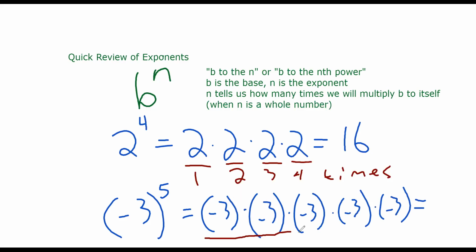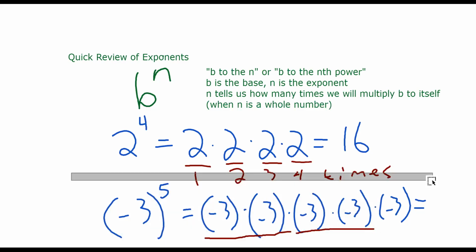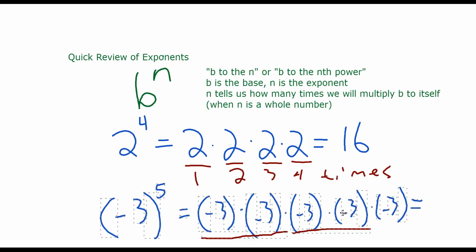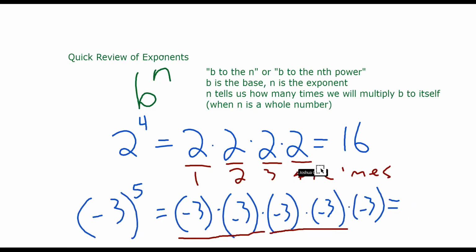I can pair these negatives up, that'll become a positive number, but there's one odd man out. And that's going to make the whole thing go negative. So we'll have negative. And then you just have to figure out what 3 times 3 times 3 times 3 times 3 is. That ends up being 243. Thus, this ends up being negative 243.